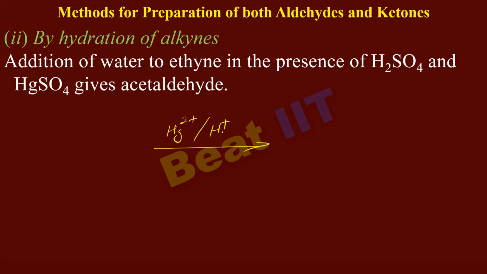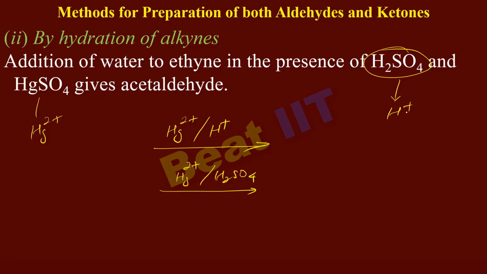So same thing, you can get it written as Hg2 plus and H plus, or as Hg2 plus H2SO4, or whatever is given, HgSO4, H2SO4. So HgSO4 can be written as Hg2 plus, and H2SO4 sometimes can be written as H plus. So any combination of these four can be written on the arrow.